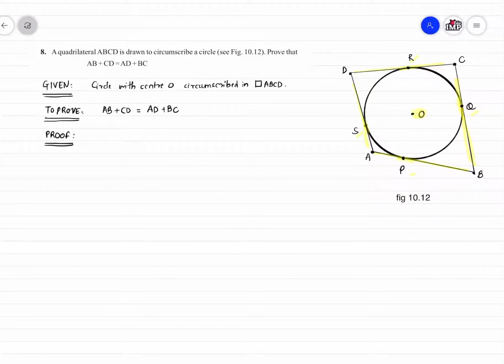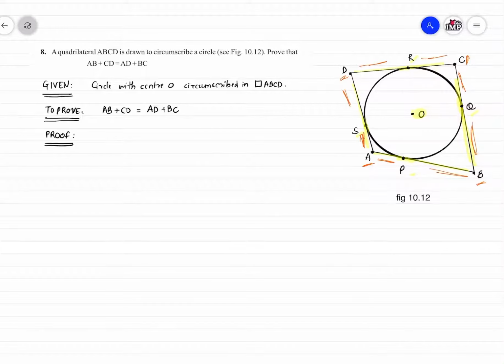if we observe, points A, B, C and D lie in the exterior of the circle. So these are external points, from which it appears like tangents are drawn to the circle.